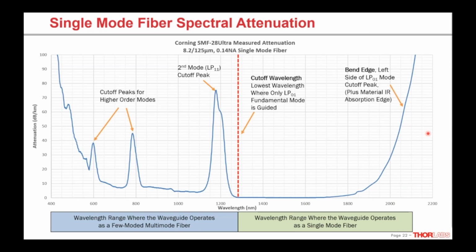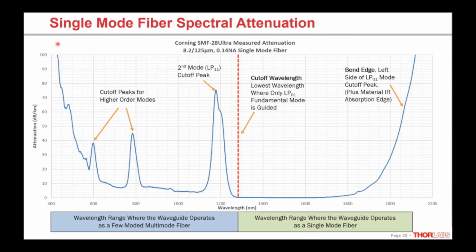So the lattice vibrates those silicon to oxygen bonds. And that's a characteristic broad sweeping curve that gets stronger at longer wavelengths. So what we're seeing here on the right side of the curve is the LP01 mode cutoff, that's the bend edge, but also superimposed with the material's IR absorption edge.